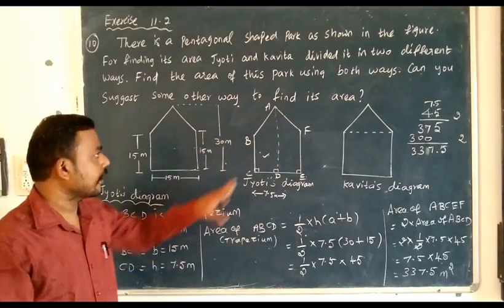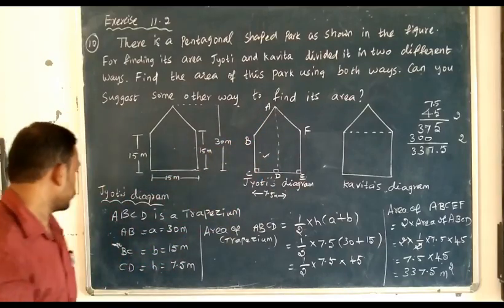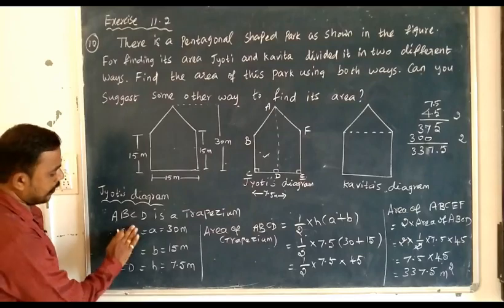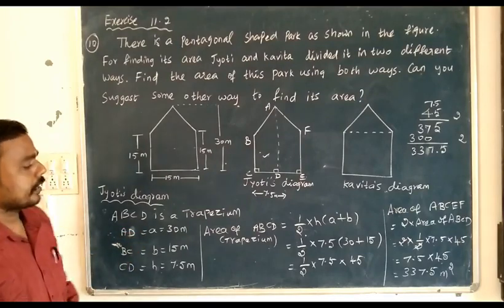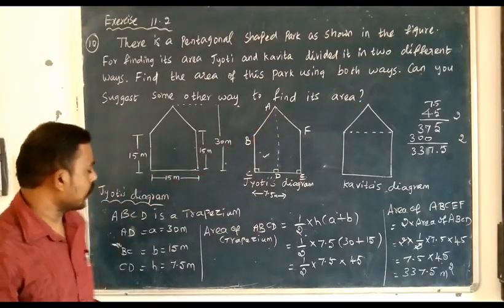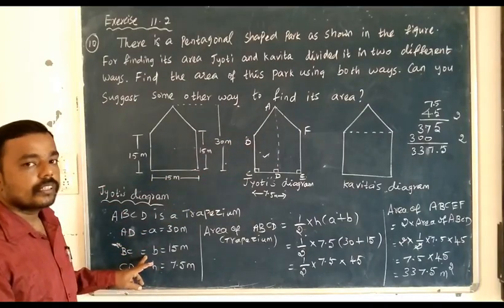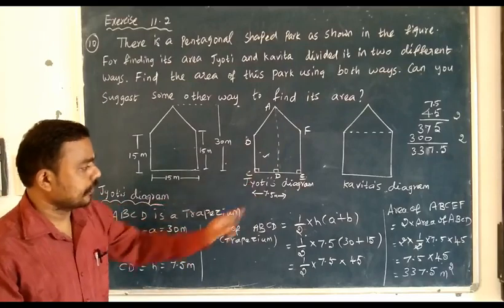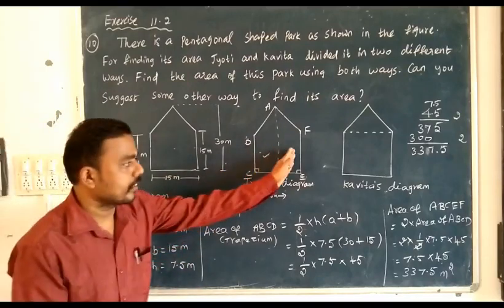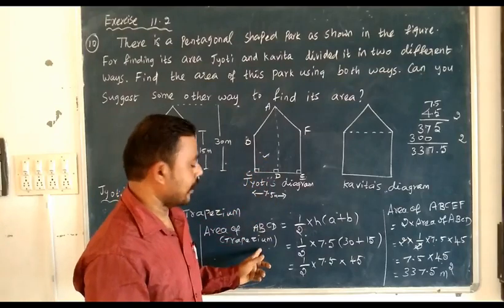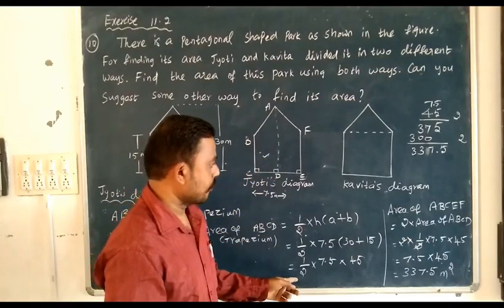So we take AD equal to 30, BC equal to 15, and CD equal to 15 by 2. The same data here. So finally we can write the area of ABCD, the area of the trapezium, as the answer.